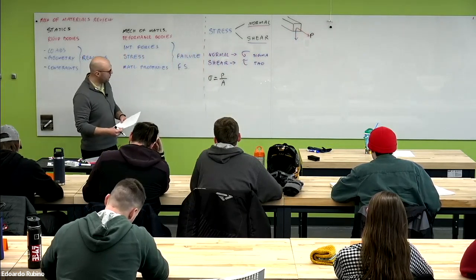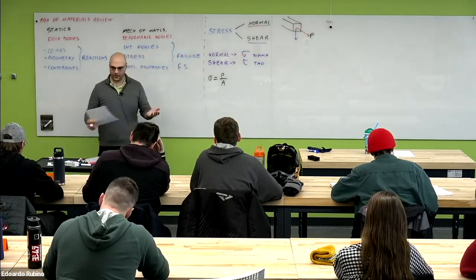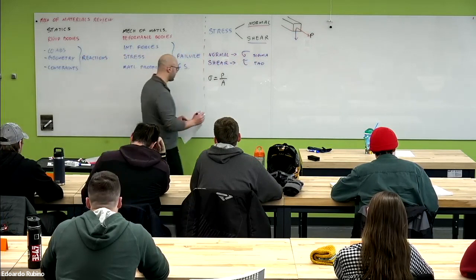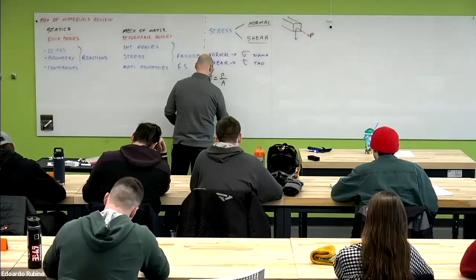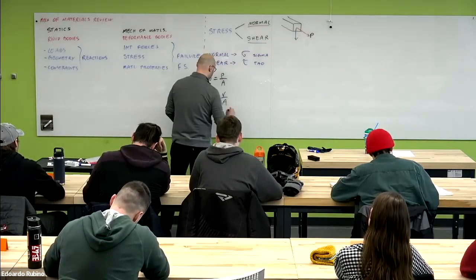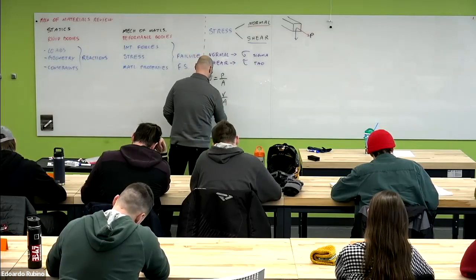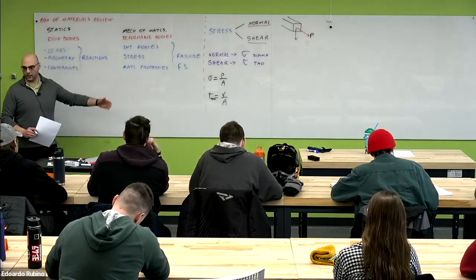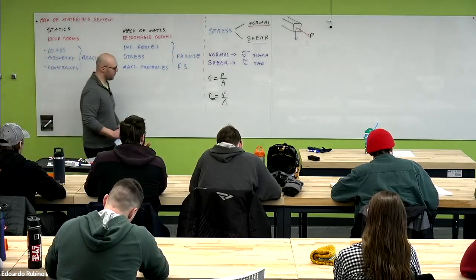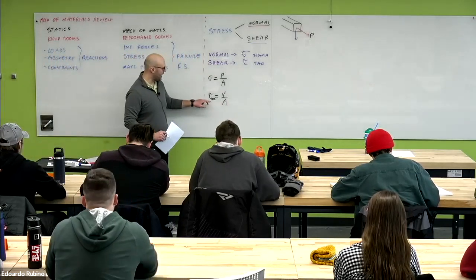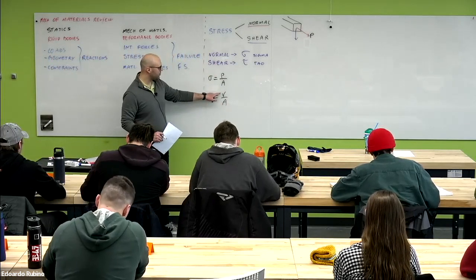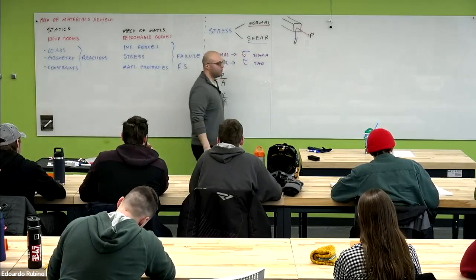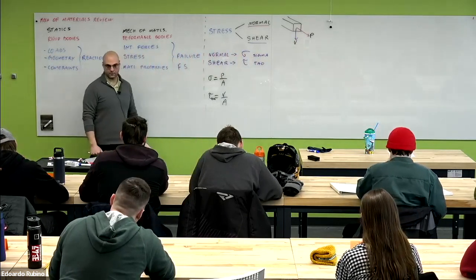We can also calculate the average shear stress that acts on a certain cross section. And we can use an analogous formula where we have tau average, again, average shear stress equal to a ratio between V and A, where V would be this component of the force, like the shear force.